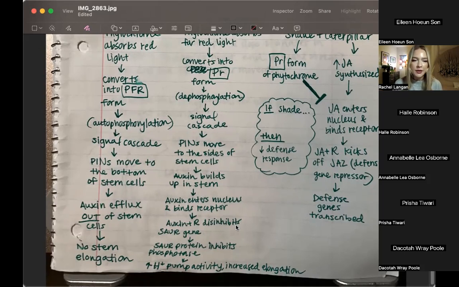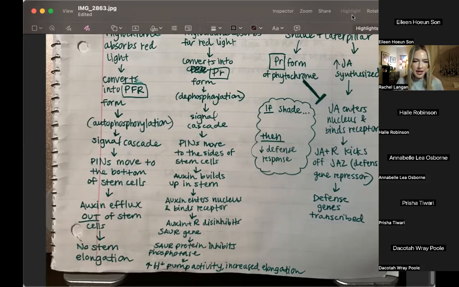And then the SAUR protein inhibits phosphatase. So phosphatase is that protein that removes a phosphate group from the H pump. So if you inhibit the phosphatase, then you basically allow more H pump activity.